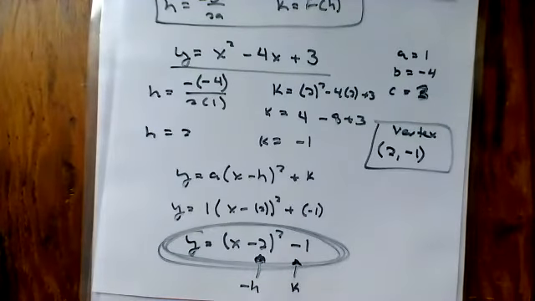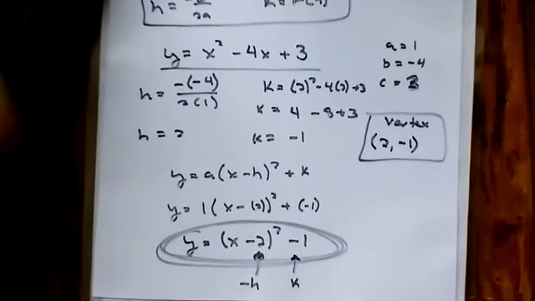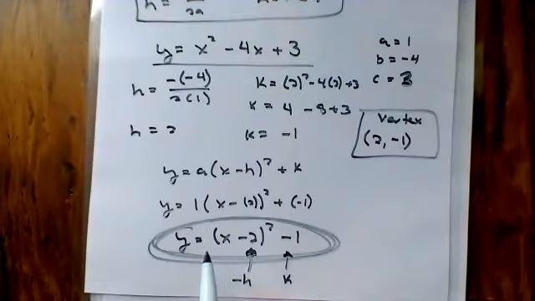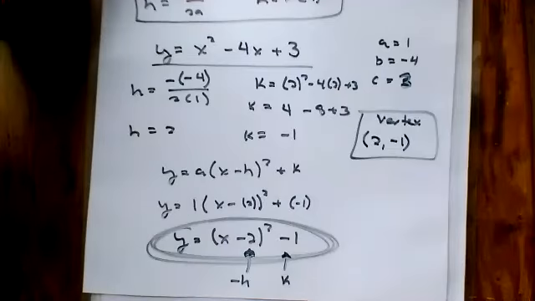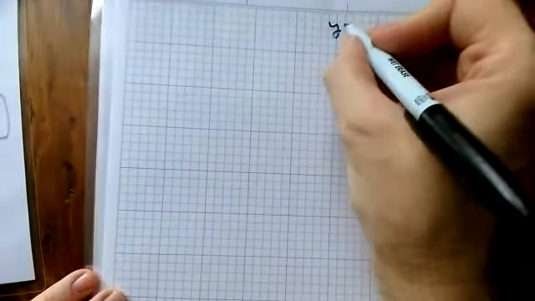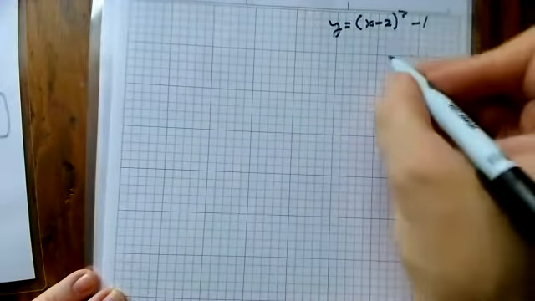There we have it. And now we have everything that we need to graph, because you just need to know the a value and the vertex.